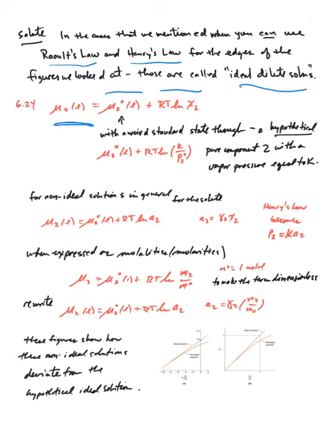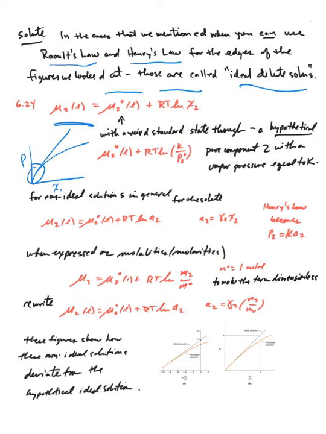I do want to point out, though, and if you want to read the book carefully, you can learn some more or look on the web, that the standard state for the solute is actually a hypothetical standard state. It's a weird standard state. If you remember when we do Henry's law, it was just for a region very early, when the mole fraction, let's say, is very, very small.